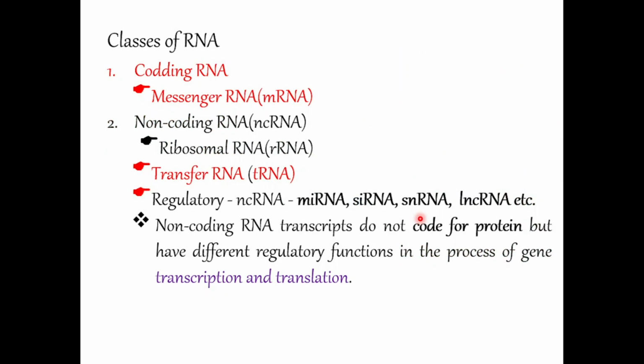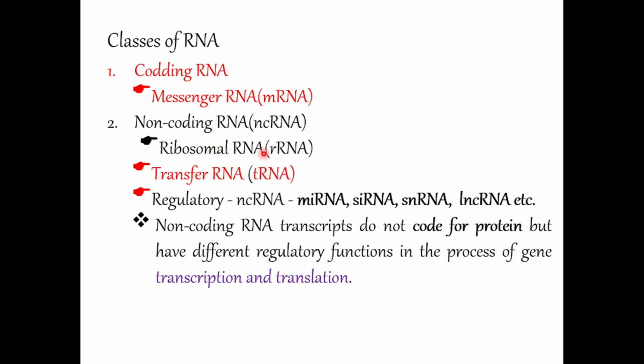What are the different classes of RNA? In general, RNA can be coding RNA or non-coding RNA, and among non-coding RNA there is also regulatory RNA. When I say coding RNA, the typical example is messenger RNA.